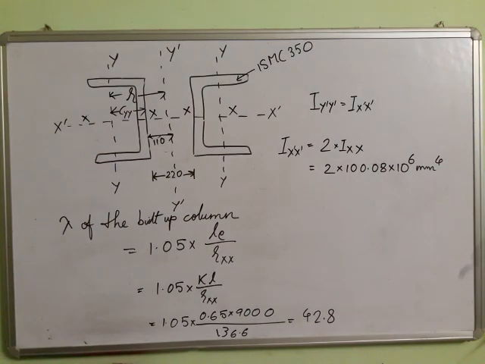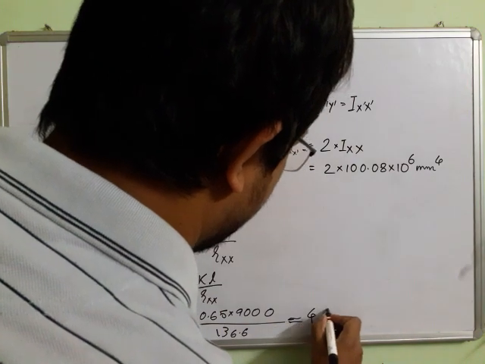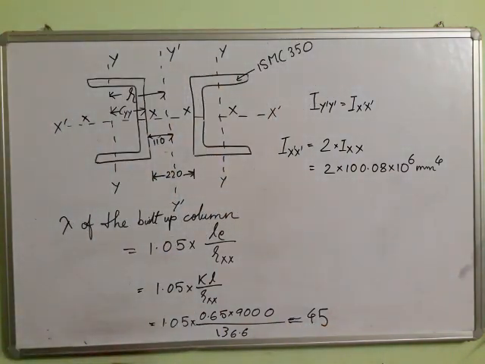So you see, slenderness ratio is 42.8, sorry, not 42.8. It will actually come at around 45. 45 you will get. Okay, so let us take it as 45, almost 45.